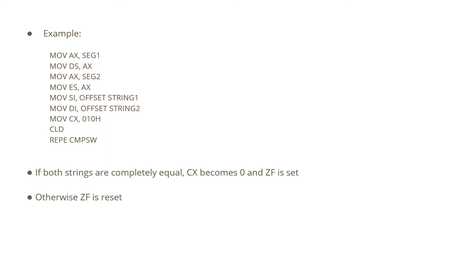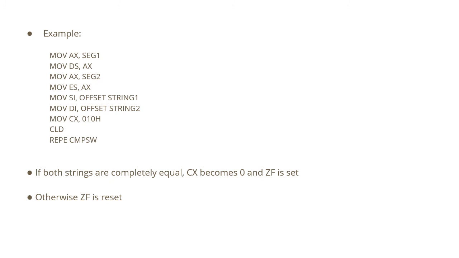The next instruction is REP CMPSW. So that means it is a compare string word. What this instruction does is that it will compare each word of the string 1 and string 2, and this comparison will happen until the string words that are compared are not equal.